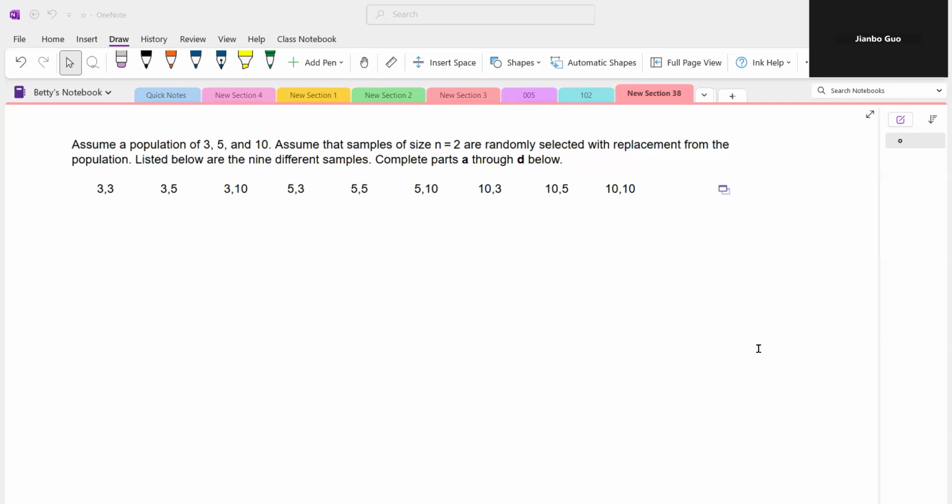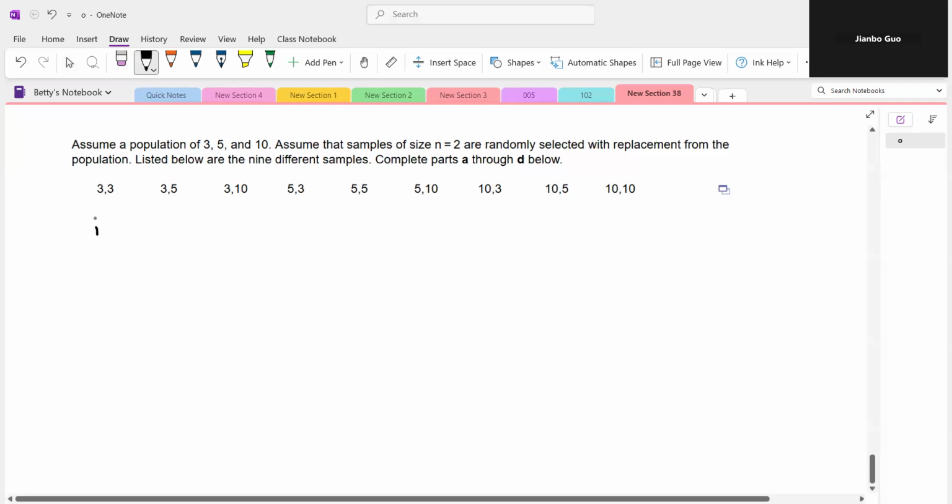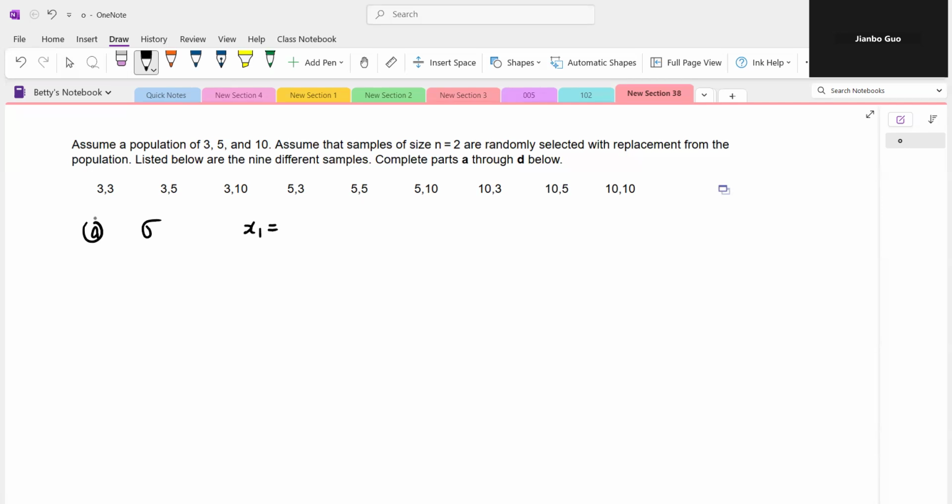So for the first part, we want to find the population standard deviation. Part A is to find the sigma. The population has 3 elements, x1, x2, x3. We can use the formula: xi minus x bar, to the power of 2.